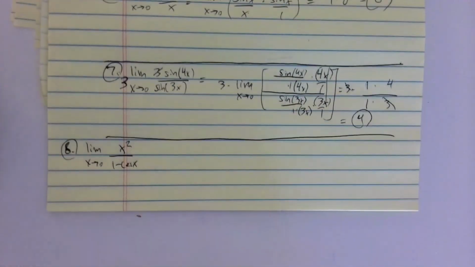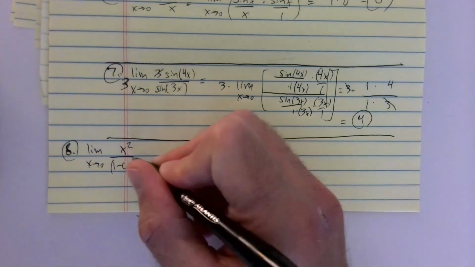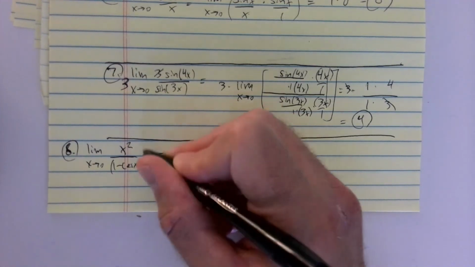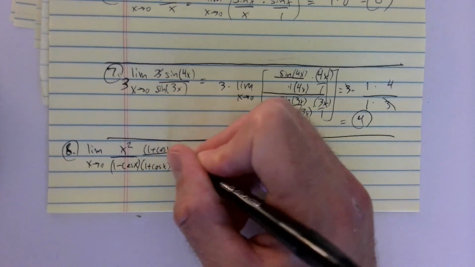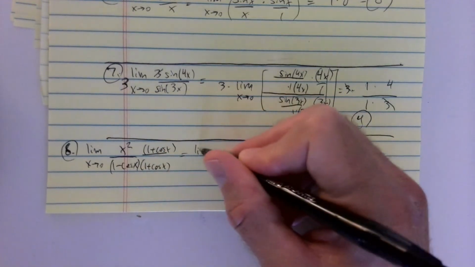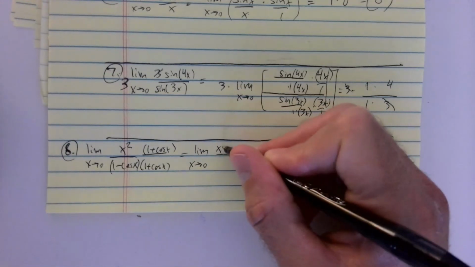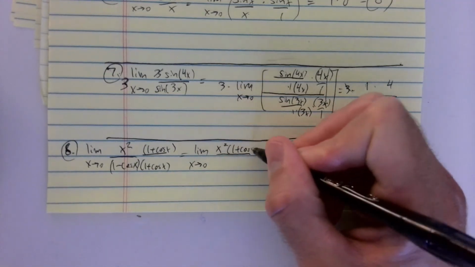The last one was also pretty tricky, number 8 here. What I did was I multiplied by 1 plus cosine x on top and bottom. That gives me the limit, as x is going to 0, of x squared times 1 plus cosine x.